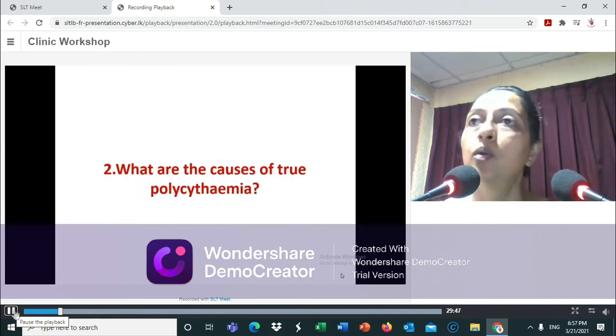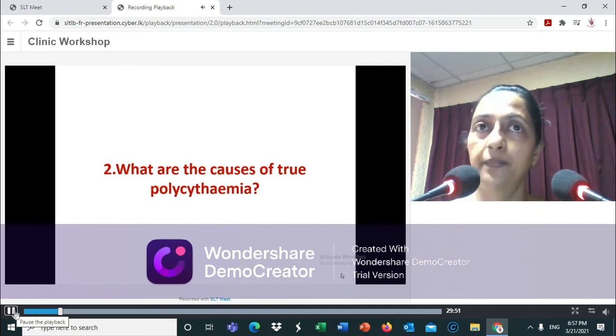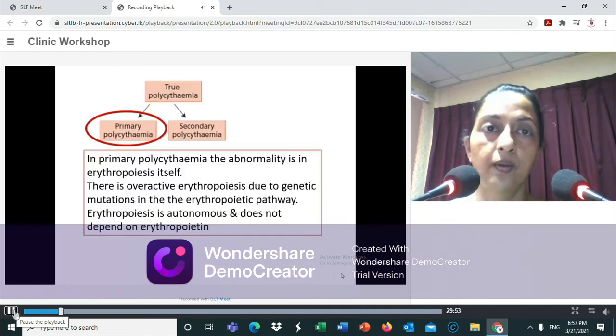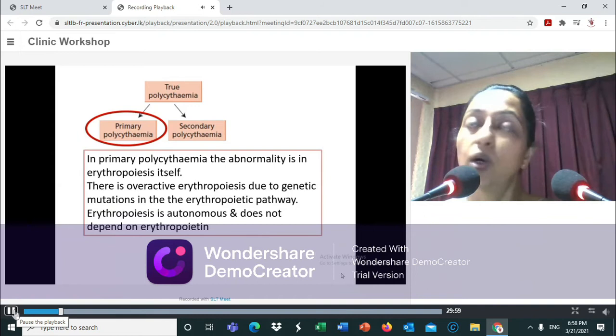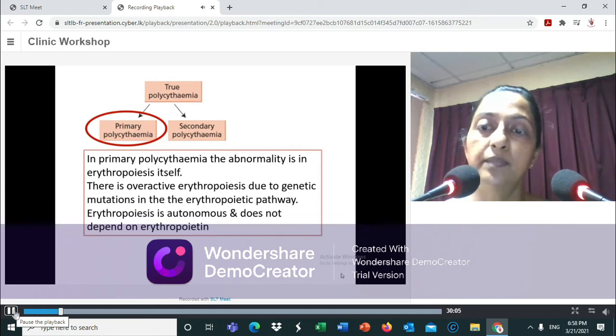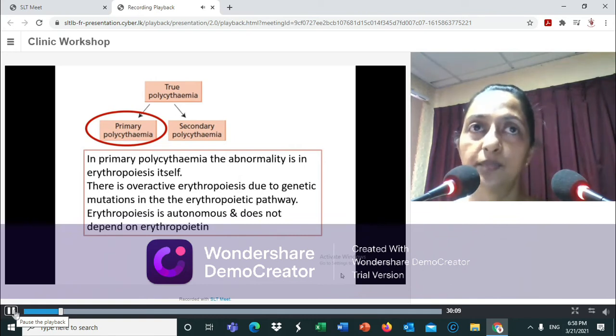Now we will have a look at the causes of true polycythemia. For true polycythemia, there are primary causes and secondary causes. I will explain what they are. In primary polycythemia, there are abnormalities in erythropoiesis itself. There is an inherent problem in erythropoiesis, and the body is producing more.